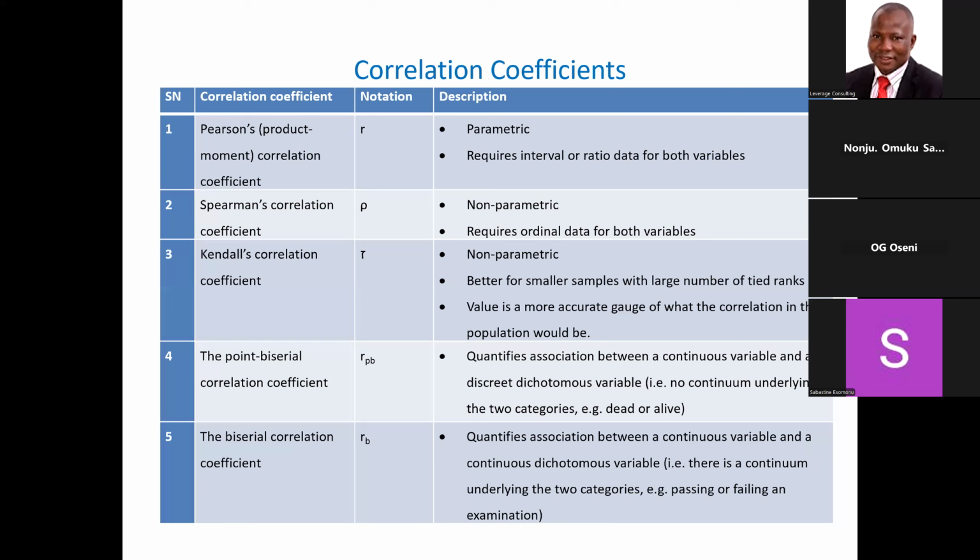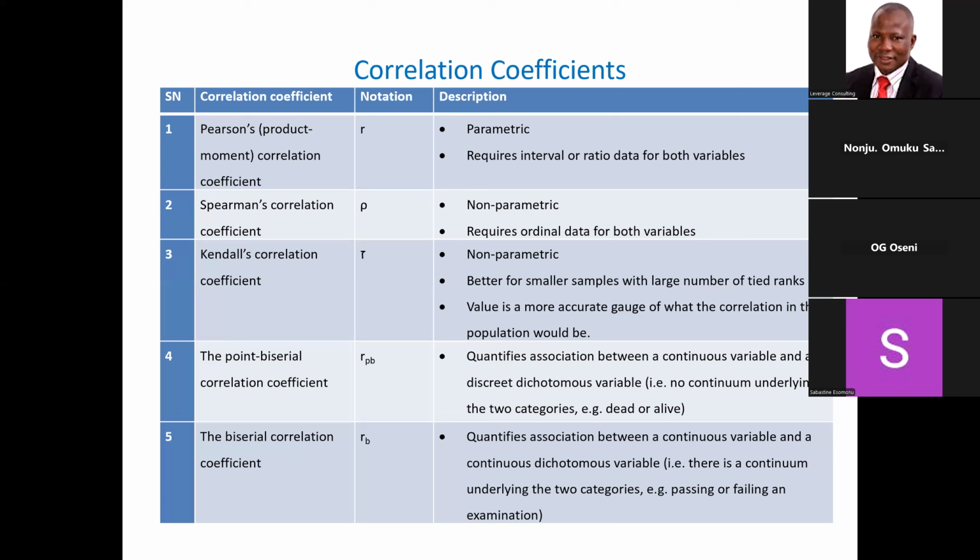That is, there's a continuum underlying the two categories, like passing or failing. When we say dichotomous, we mean there are two possible outcomes: yes or no, alive or dead, male or female. When there are only two possible outcomes, that is dichotomous.